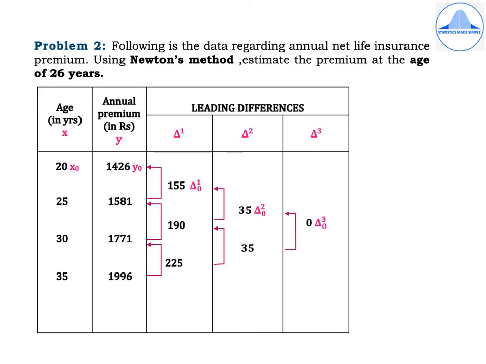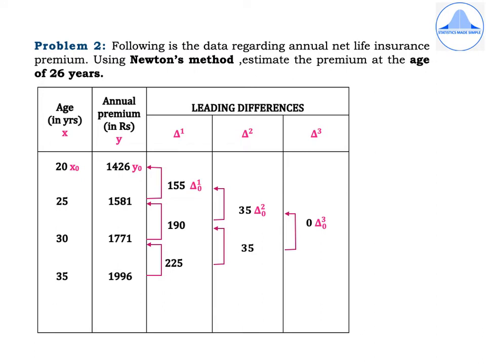Let us now find out the leading differences, that is delta to the power 1. How do we find out delta to the power 1? It is found as indicated by the arrows, that is in pink color. So it is 1581 minus 1426 gives us 155, denoted by delta naught to the power 1.